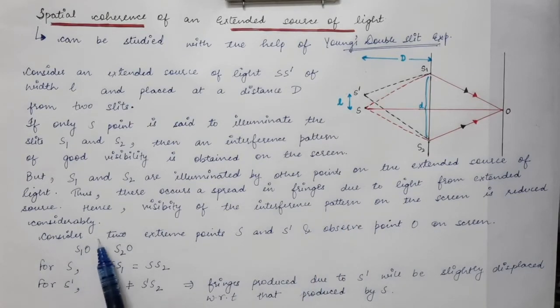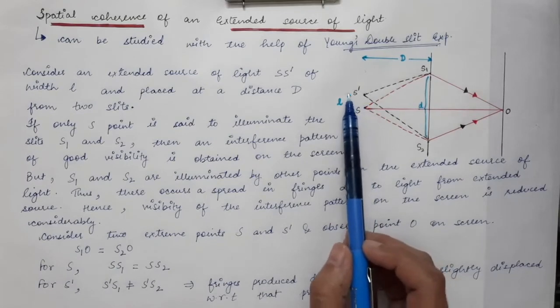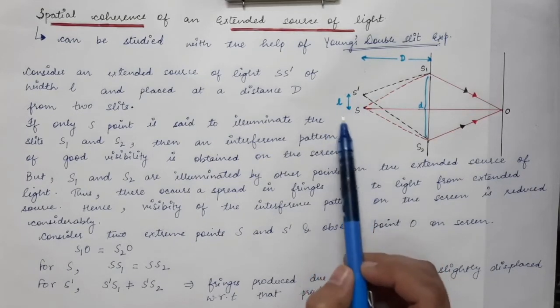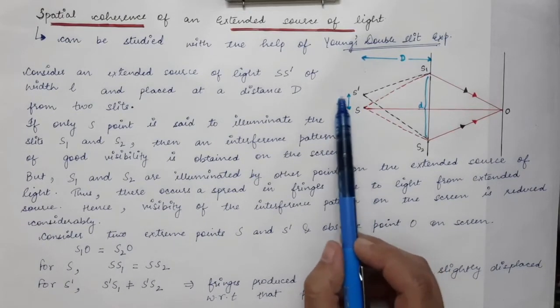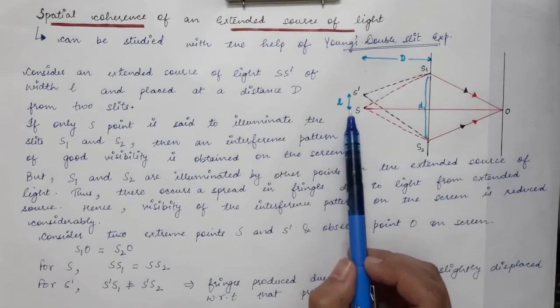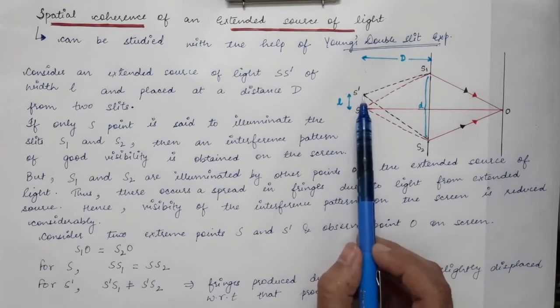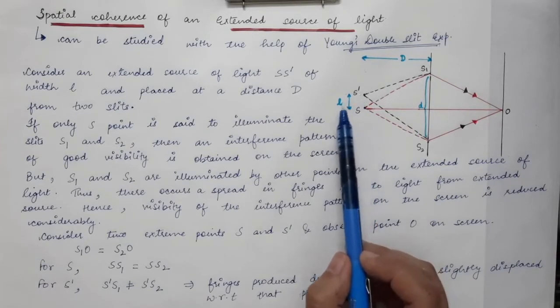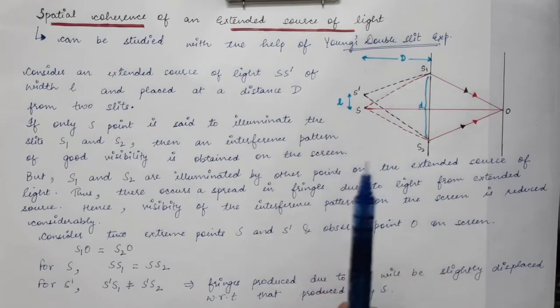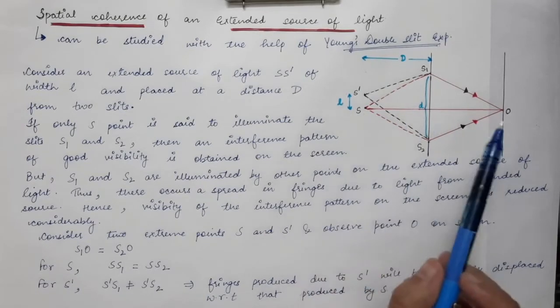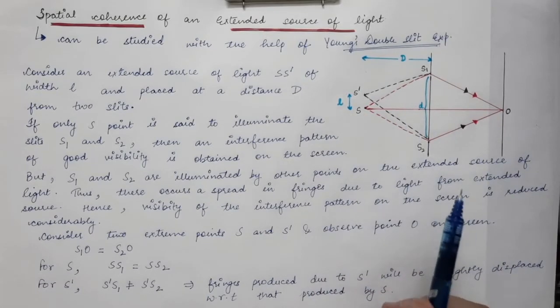Now what we want to find is this length. What is the expression of this length? Because when the distance between S and S' is less than this length, then we have a good phase correlation, and the visibility of the interference pattern will be good.